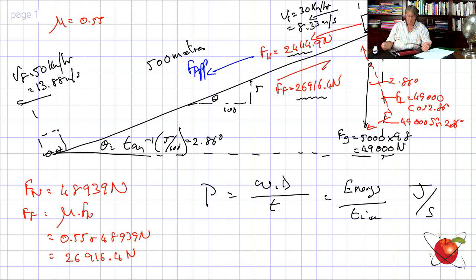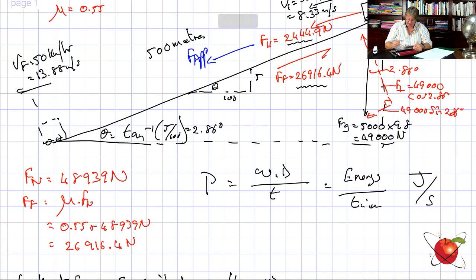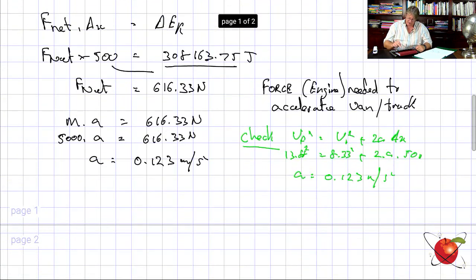Isn't that so? F applied plus the weight down, those plus there, minus the friction because it's acting against, must be equal to F net. Therefore, I have got this.